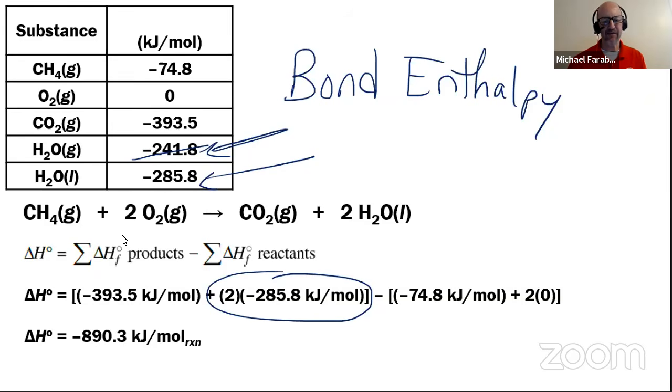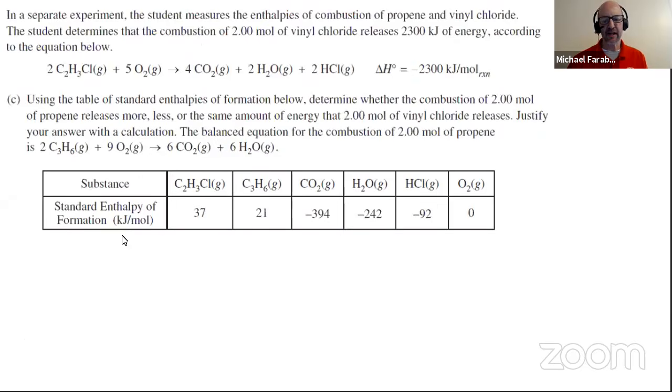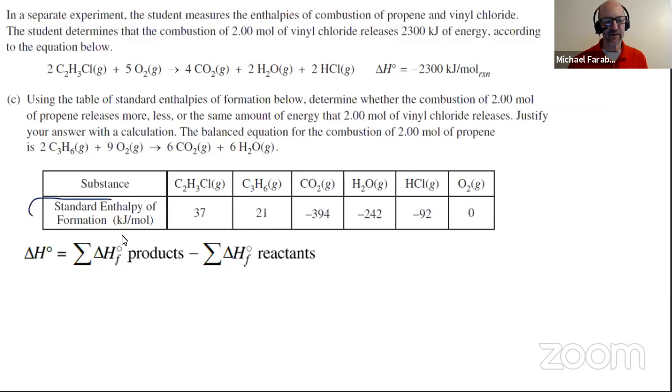So we're going to be careful that we're not confusing these two concepts. Let's see an example of heat of formation, which is different than bonds broken minus bonds formed. Heat of formation is products minus reactants, okay? So we can tell that this is referring to standard enthalpy of formation. These are not bond energies, but the enthalpy of formation for the formation of an entire substance.